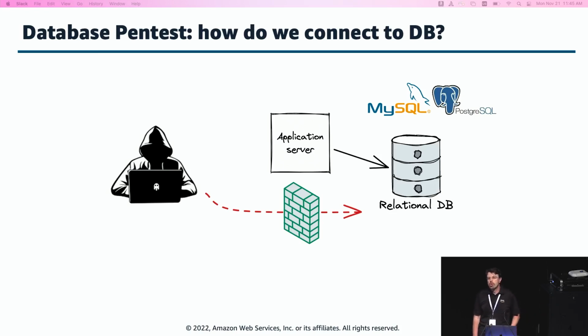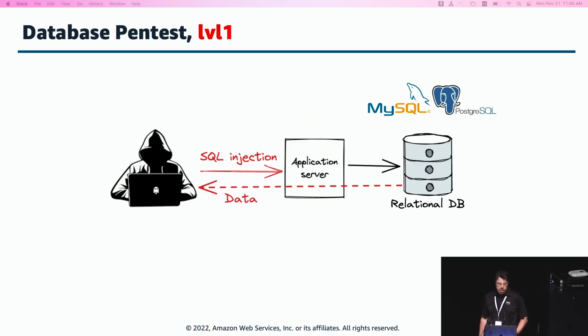So let's imagine the port is open. And if the port is open, someone will try to get in. The typical protection is setting up the firewall, making sure that the database is not accessible. But there is another way, and another way is SQL injection.